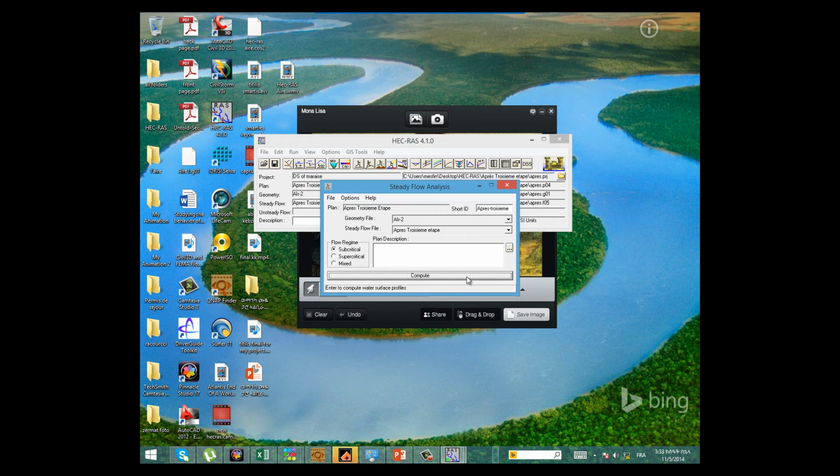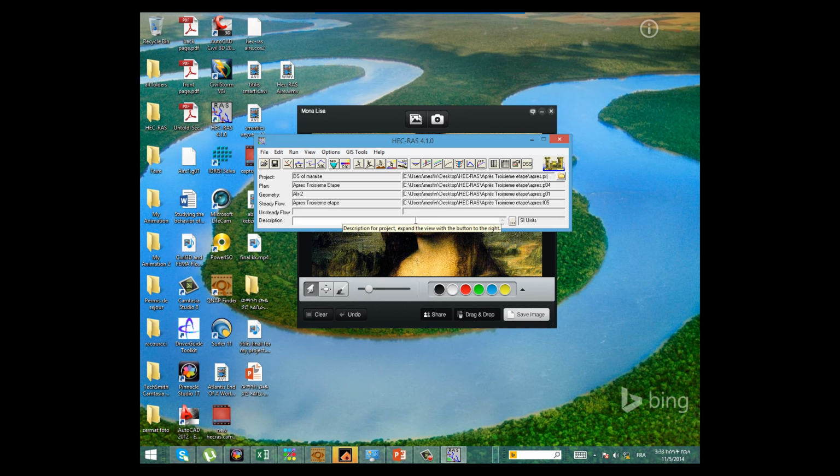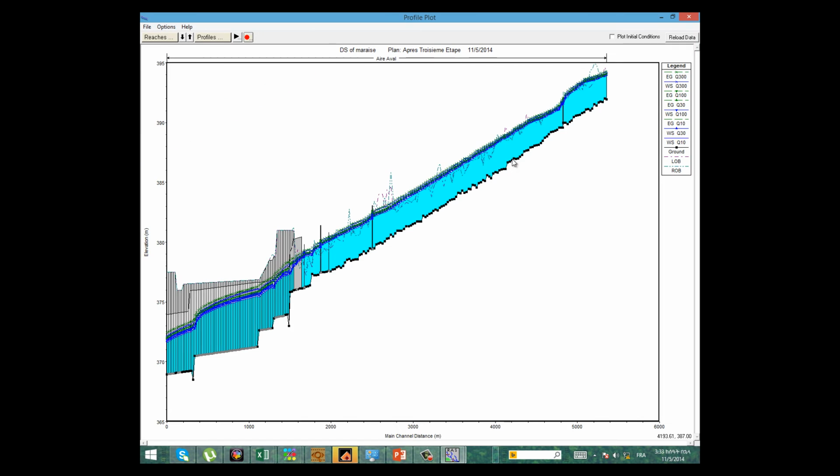If there is something wrong in our calculation, or if there is any problem in the cross section and so on, it will stop us, but we are now fine. So we can save our plan and finish our calculation. Now the final step is looking at the cross section and the longitudinal section.